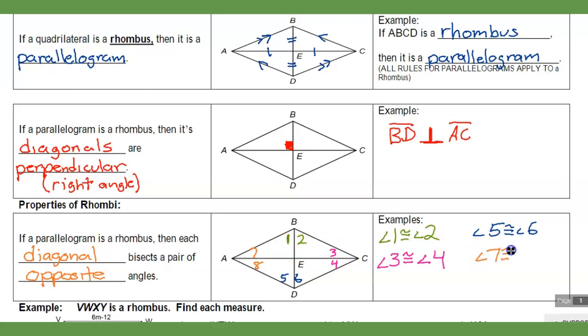There we go. So since we have parallel lines here, if we extended AC as a transversal, we could show that angle 4 and angle 7 are alternate interior angles and they're congruent, and 3 and 8 are congruent, and 2 and 5 and 1 and 6, and show that all these four different triangles are congruent as well.